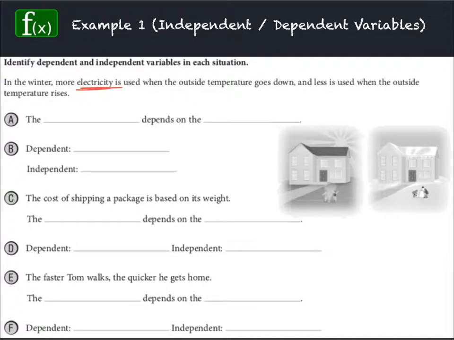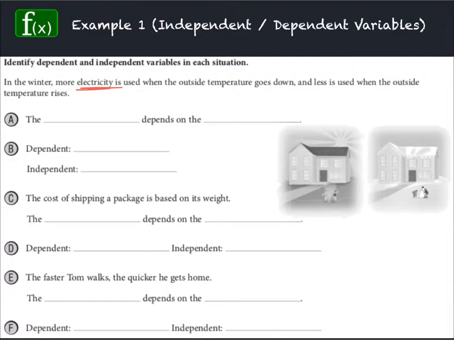Is the temperature dependent on the amount of electricity, or is the amount of electricity dependent on the temperature? Let's think about this. If you were to write this down, the temperature is dependent on electricity. Would that make sense? What you're saying there is the more electricity you use, the higher the temperature is, as if you could somehow control the temperature yourself. That would obviously make no sense.